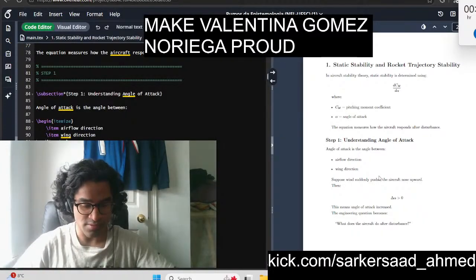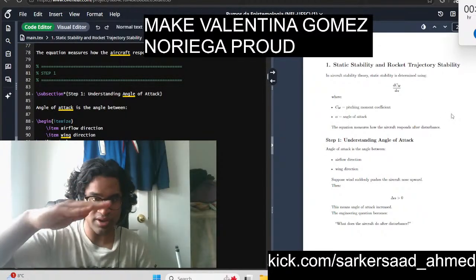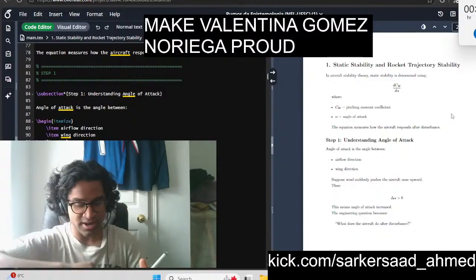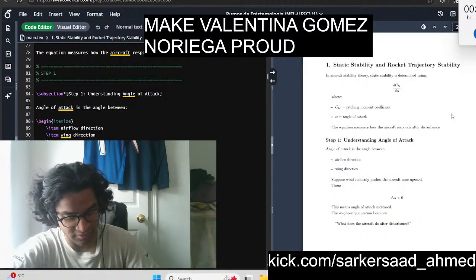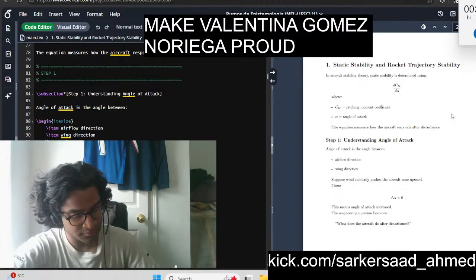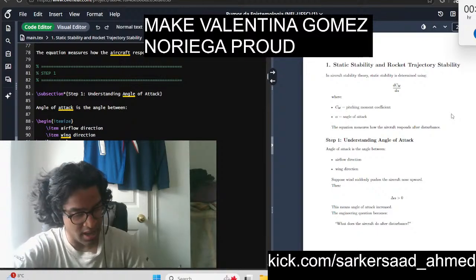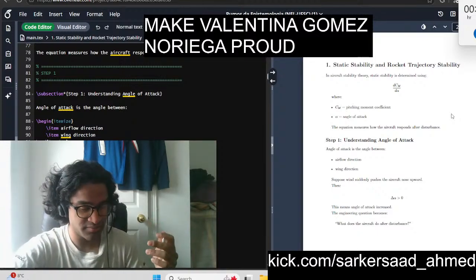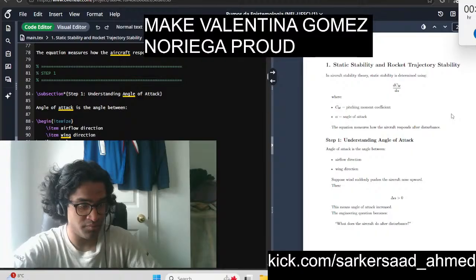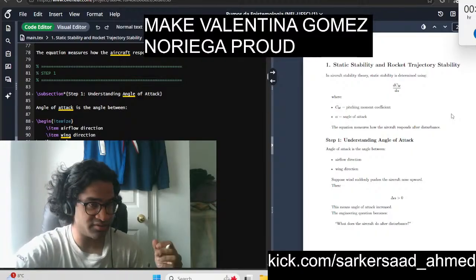I don't think so. So let's say, for example, wind suddenly pushes the aircraft nose upward. Let's say this is the airplane and the wind is gusting, right?